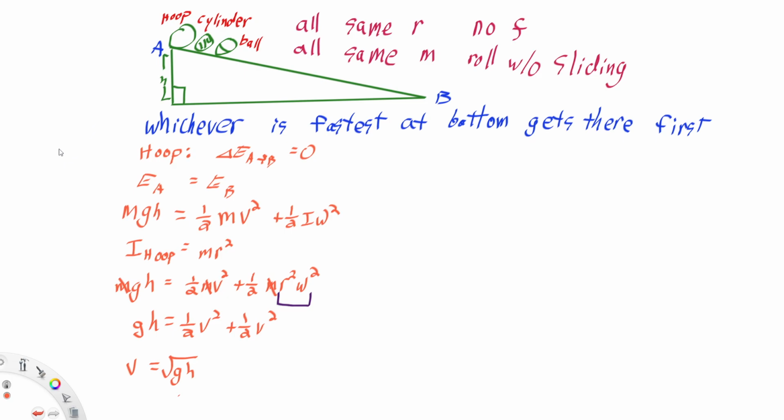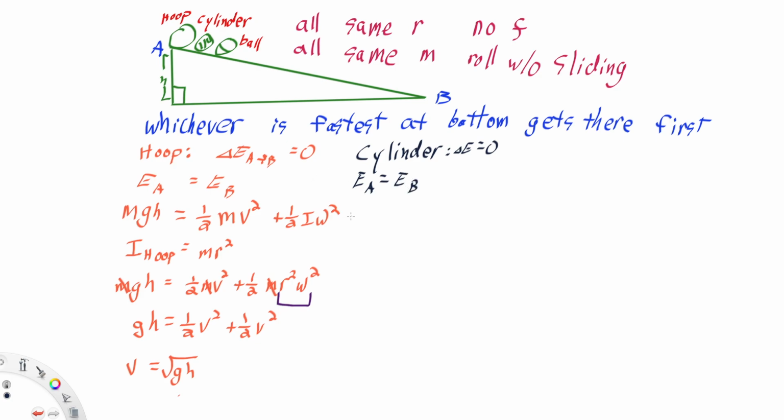All right. Let's do the next shape. The cylinder. A bunch of this stuff is going to be the same. Still has conservation of energy. So we still have energy at the top equals energy at the bottom.